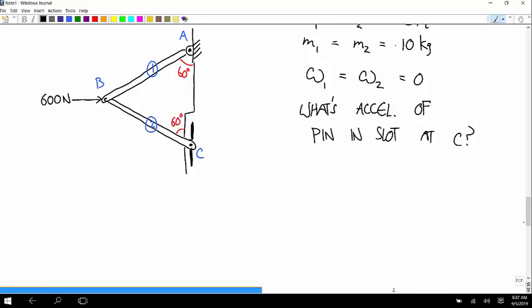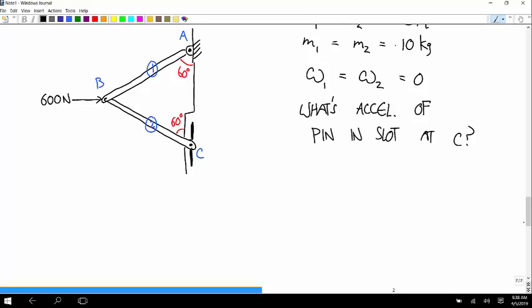Okay, so first, member one. How many useful equations are we going to get out of member one? Just one, because there's a fixed point. For variables, there's a reaction force here, but just like the reaction forces at the fixed points never appeared in our initial system of equations last time, they won't here.